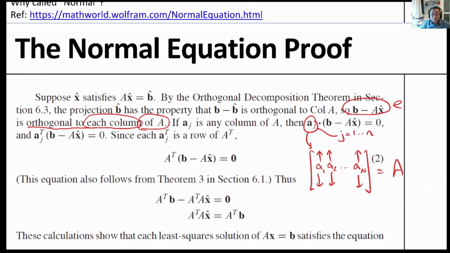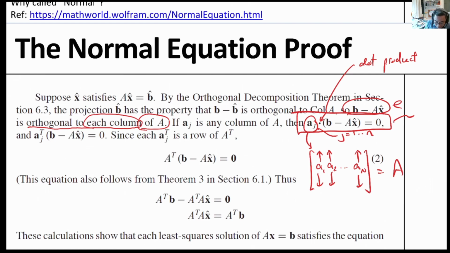Any of the columns of A is orthogonal to the error vector. That means the dot product of any of the columns of A is orthogonal to the error vector b minus A x hat.